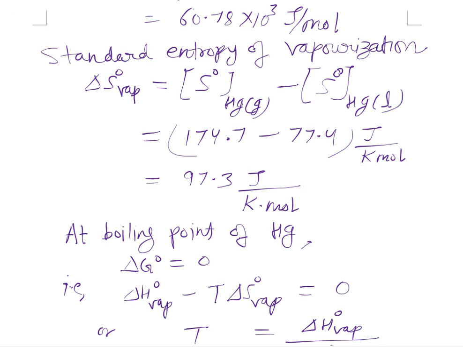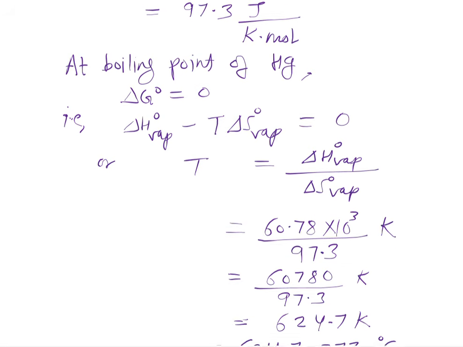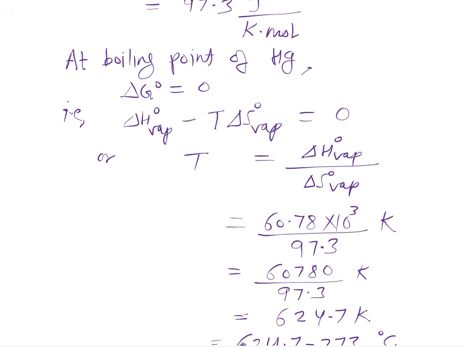So at the boiling point of mercury, delta G naught is equal to 0. It means that delta H naught of vaporization minus T delta S naught of vaporization is equal to 0. From this equation, we see that temperature T is equal to delta H naught of vaporization by delta S naught of vaporization.